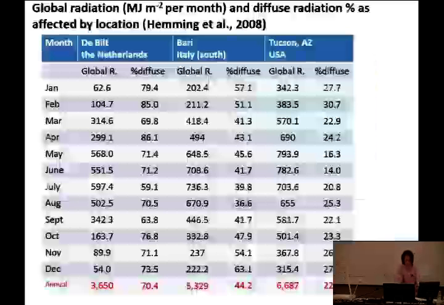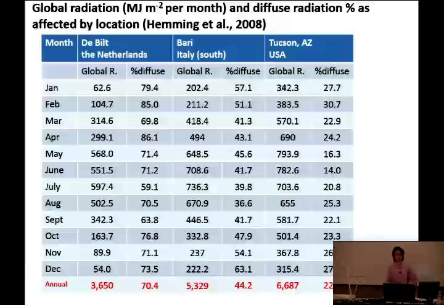So I'm going to show you a table here, which is very important for arid land potential greenhouse users or R&D people in the future. This compares the diffuse percentage in three locations, including Tucson, Arizona, from January to December, and this is the annual average.